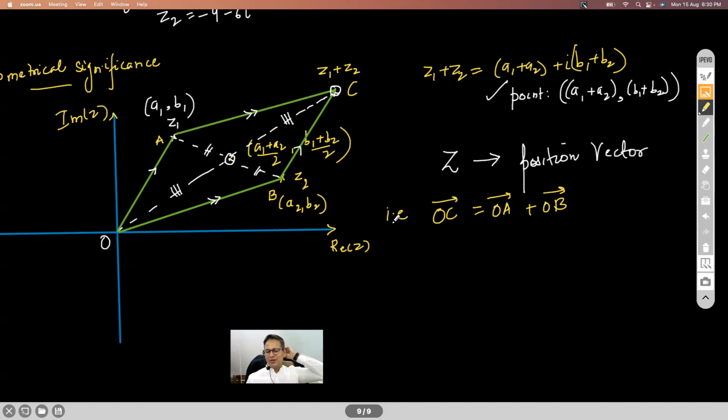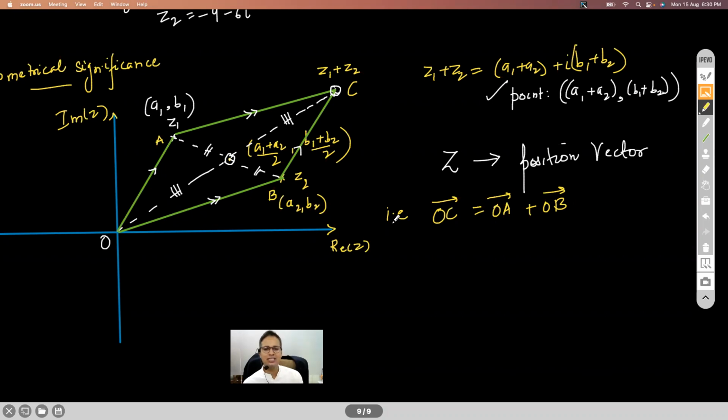This is something I was telling you in the beginning of the session, that complex numbers not only behave like points, but they also behave like vectors, right? That is the reason why you can use coordinate geometry as well as vector concepts to solve complex number questions. Understood?